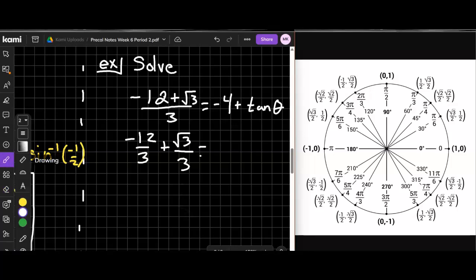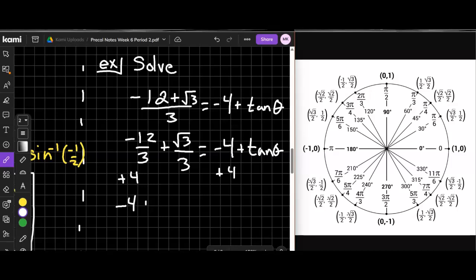And so on the other side, we have that -4 plus that tangent of theta. And here we'd undo that subtraction with addition. So we're going to add 4 on both sides. And here, you guys can probably already guess what's going to happen when you have negative 12 divided by 3. That gives you a negative 4.